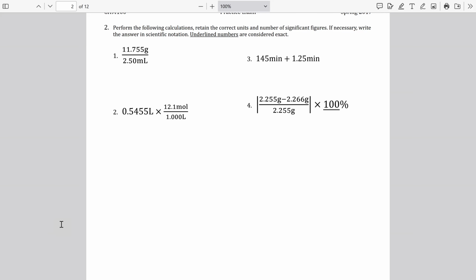Zero zero 48788. We're still gonna have to multiply by 100%. That's underlined, so it's an exact number.